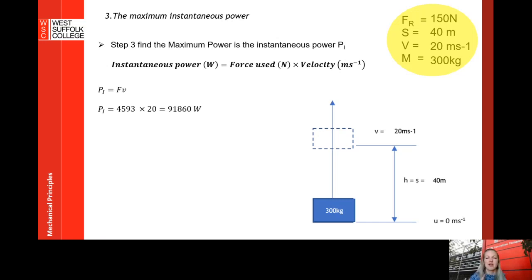All we're going to do is our previous force used found on the previous slide as 4,593 times my velocity, which is given in the question as 20 meters per second, which is then going to give me my final answer of my instantaneous power of 91,860 watts. Remember the units.